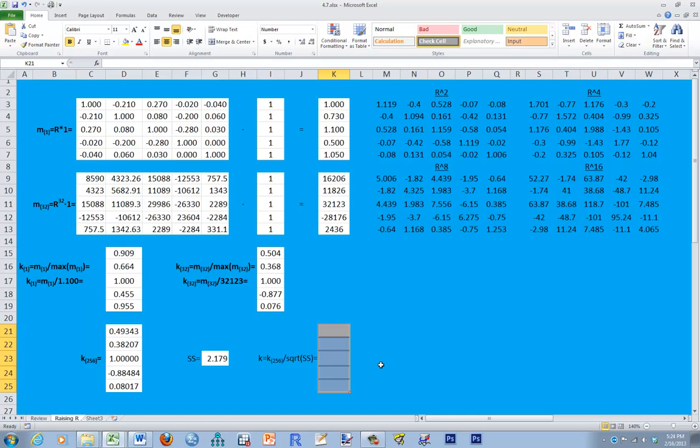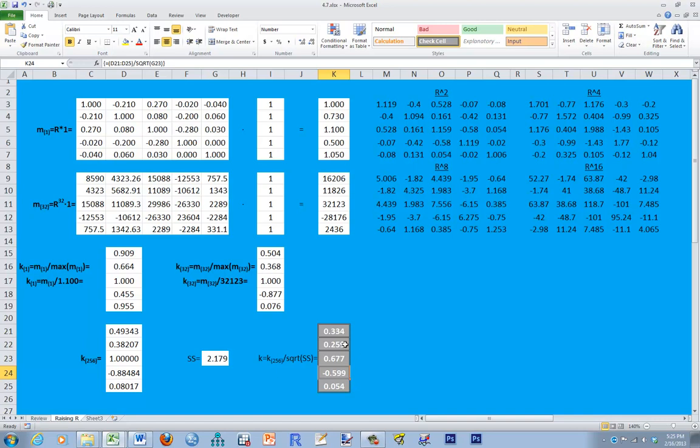So K is going to be equal to K sub 256 divided by the square root of the sum of squares, which is 2.179. And these are the values we get: 0.334, 0.259, 0.677, negative 0.599, and 0.054.